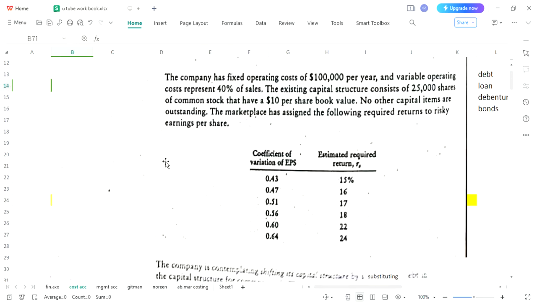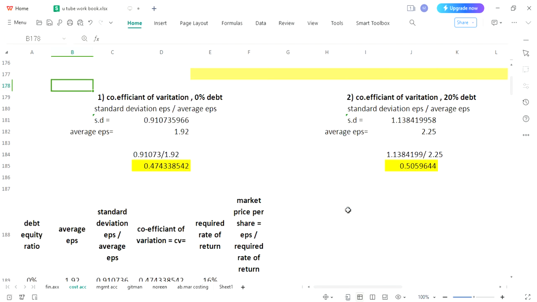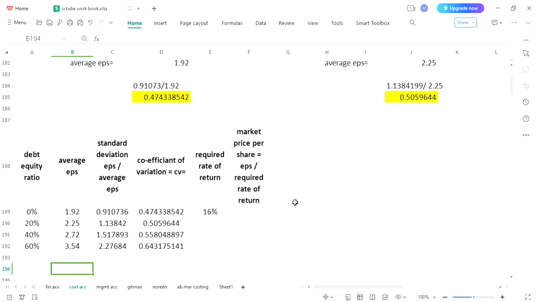So get back, and 0.51 is present over here, rate is 17%. So put 17% for the next CV.